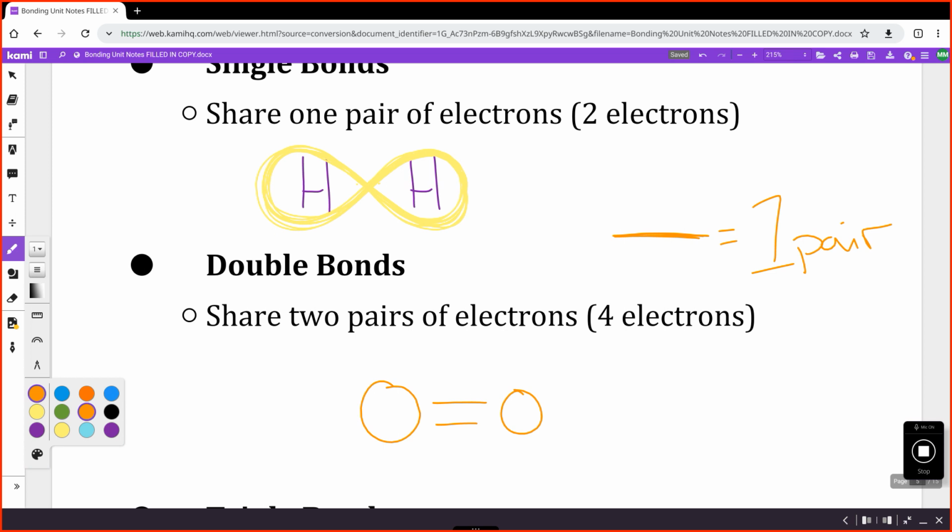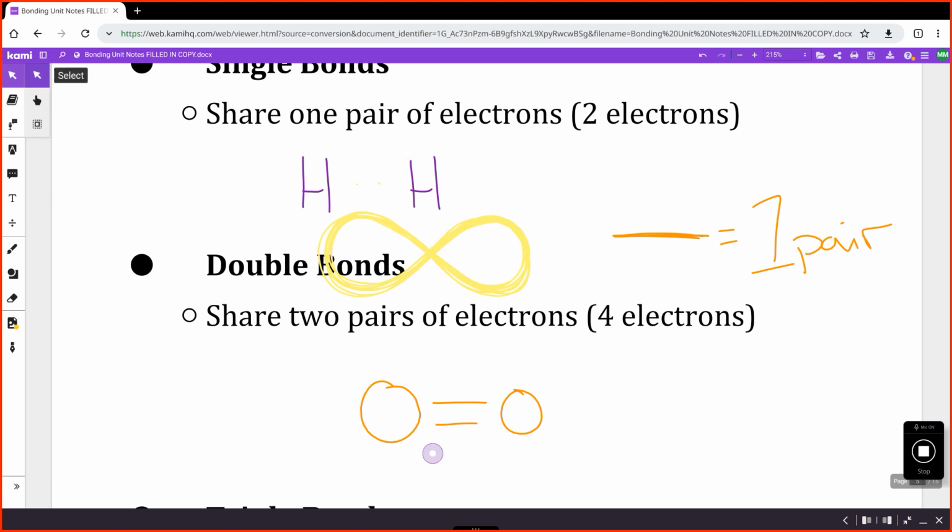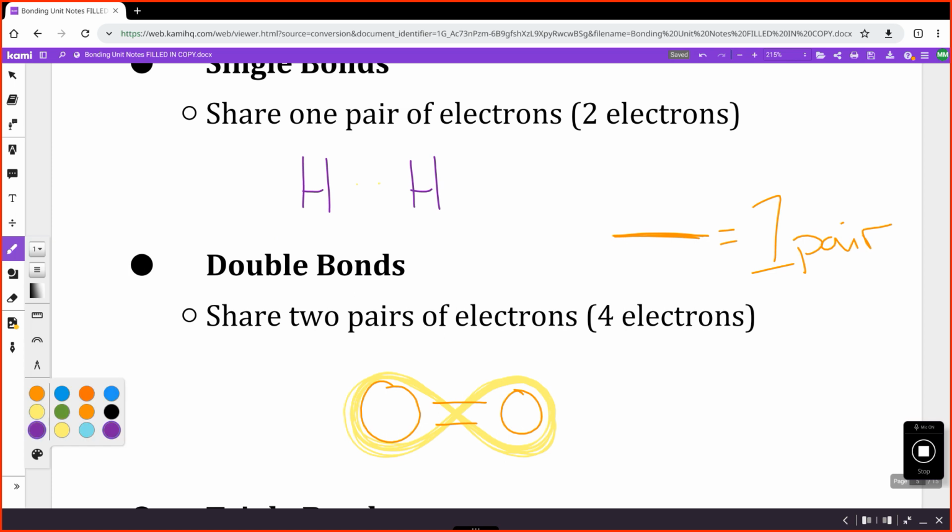Now all this means is that not only are we dealing with one pair of electrons dancing back and forth between the 2, we're dealing with a whole second set of electrons at the same exact time, also bouncing back and forth. A double bond is stronger than a single bond, right? Because you have more electrons keeping these atoms together.